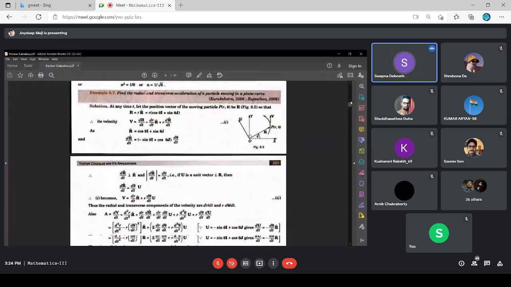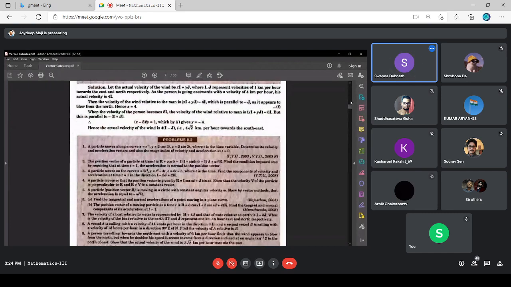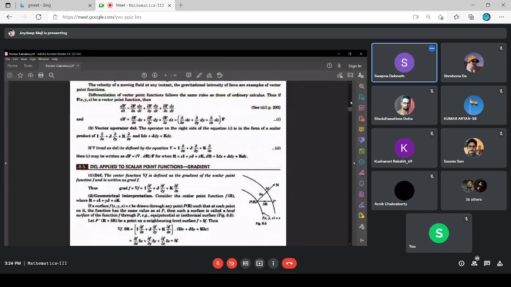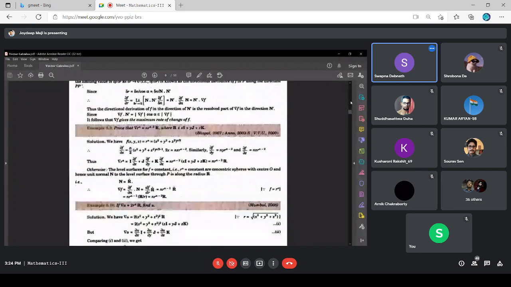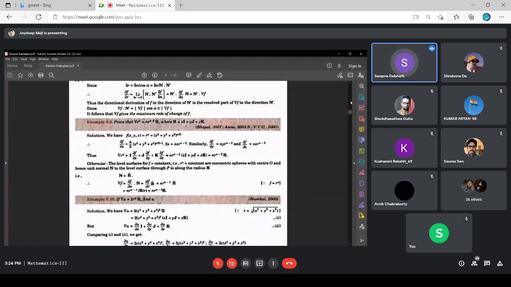Come to example 8.9. You have to find del of r^n, that means grad r^n. We know r squared is equal to x squared plus y squared plus z squared, then r is equal to (x squared plus y squared plus z squared) to the power half.